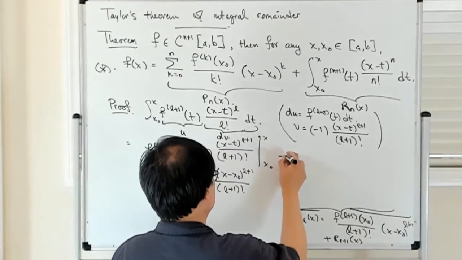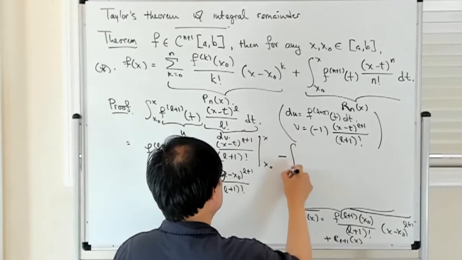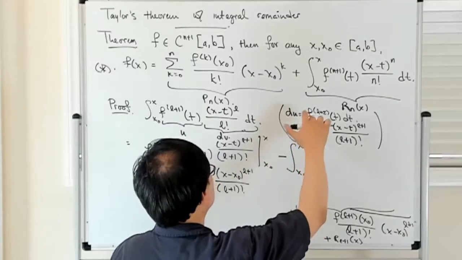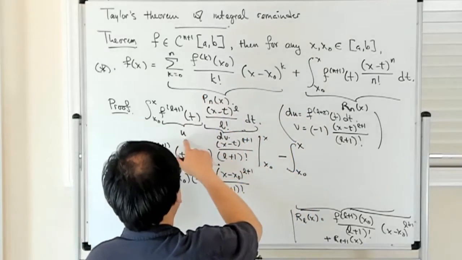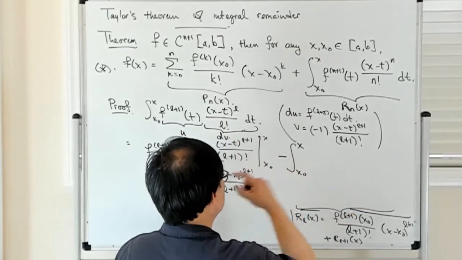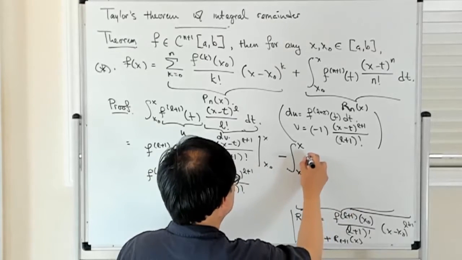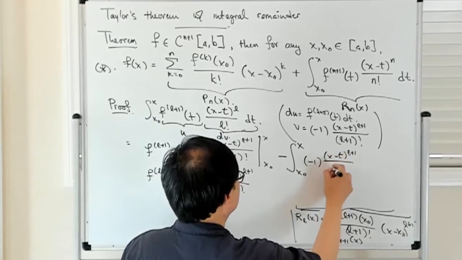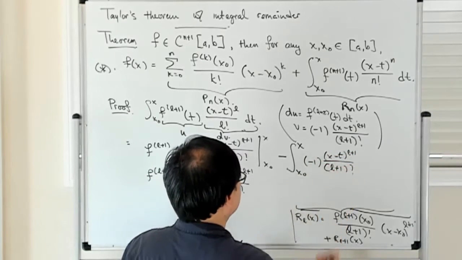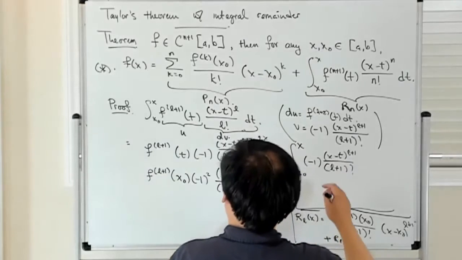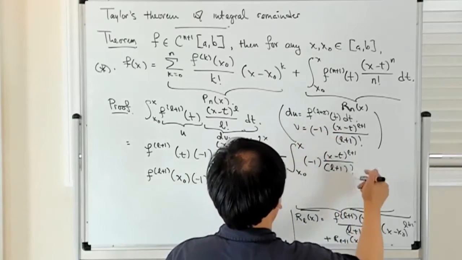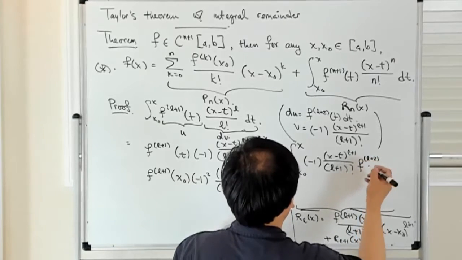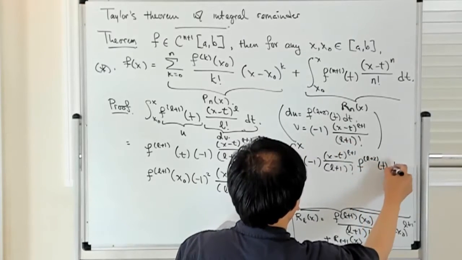But then there's also the other term coming from the integration by parts: minus the integral from x0 to x of v du, where v is minus (x minus t)^(L+1) over (L+1) factorial, and du is the (L+2)th derivative of f at t dt.